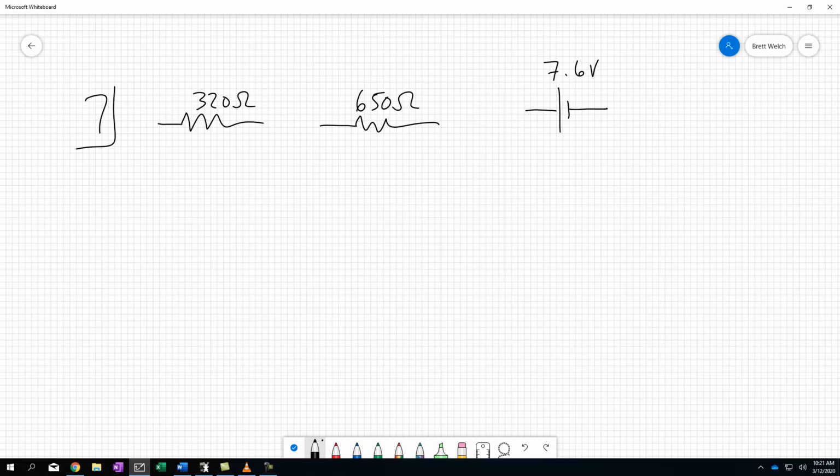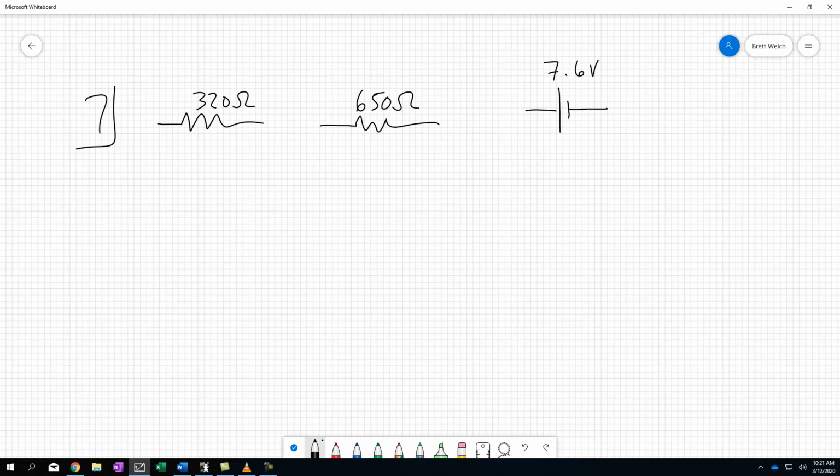You need to draw the diagram. Do not just say, put them in series or put them in parallel. So the first question is, if I want them to be dim, what do I want to do? Series or parallel? Series. Series is what will drop the current.